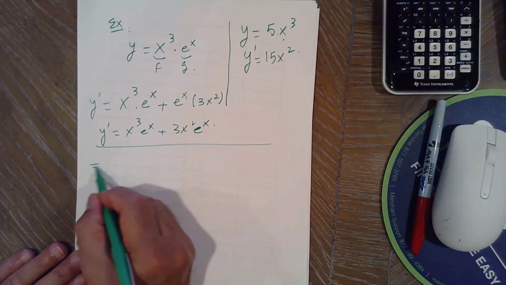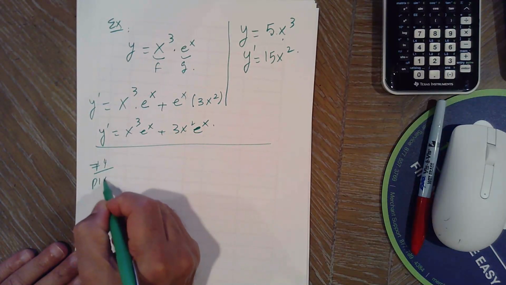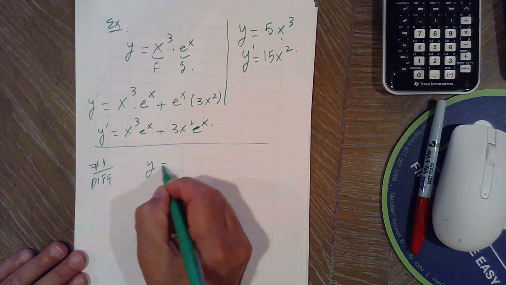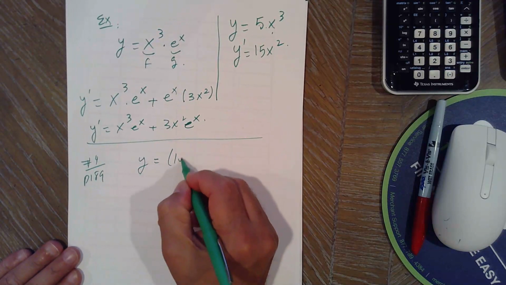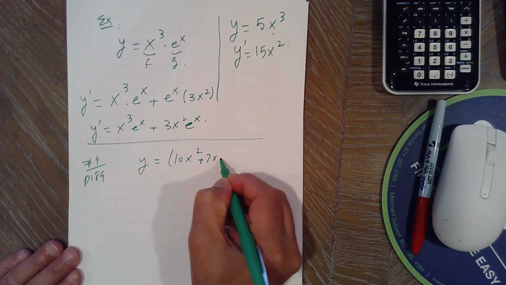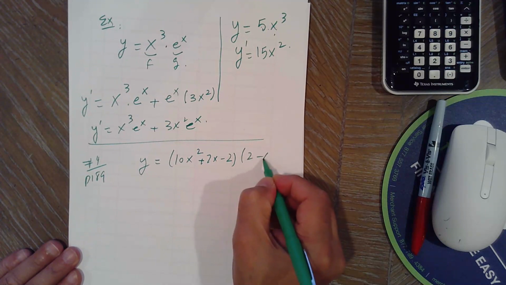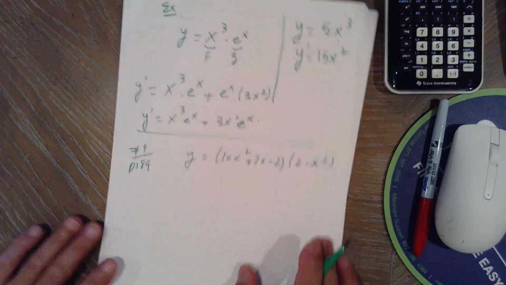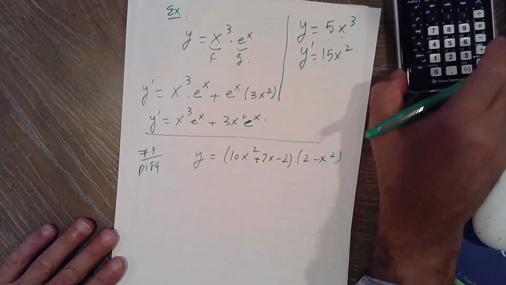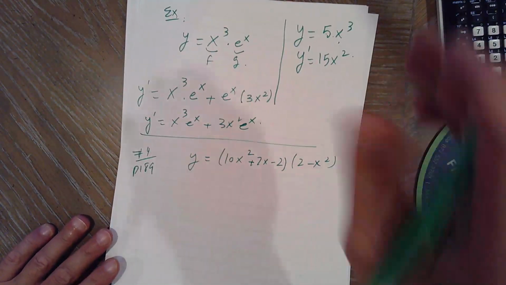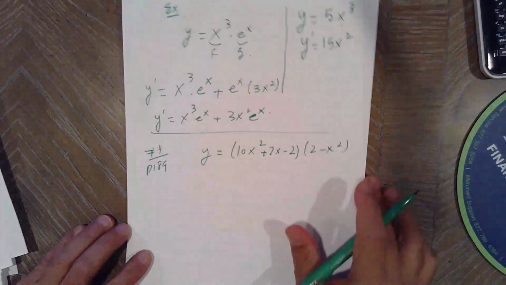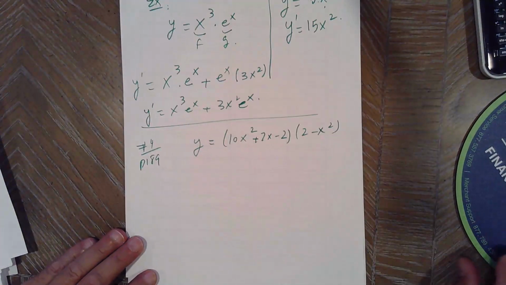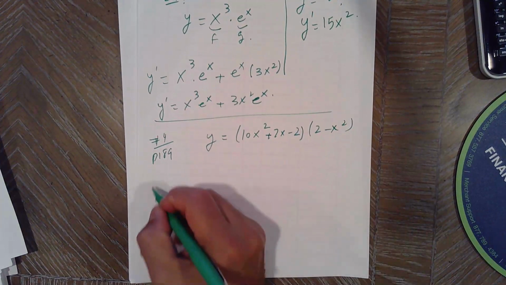Number 4, page 189, y equals 10x squared plus 7x minus 2 times 2 minus x squared. We always have a choice here of multiplying it out first, but if we want to do the product rule, we can.